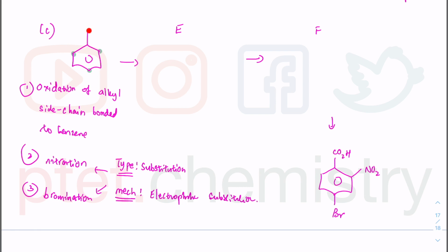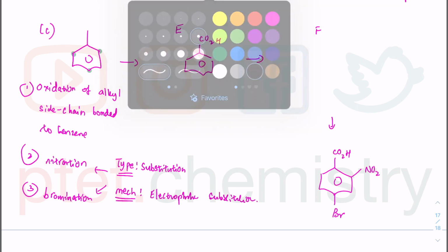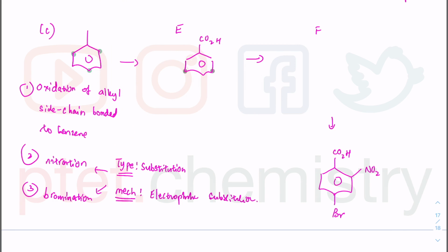If I oxidize first, then I'll get CO2H, and that will direct to position 3 and 5. This is stated in the data booklet as well: the CO2H directs to 3 and 5. I don't get any of my substituents at position 3 and 5 relative to the CO2H, meaning to say I do not want to oxidize first.